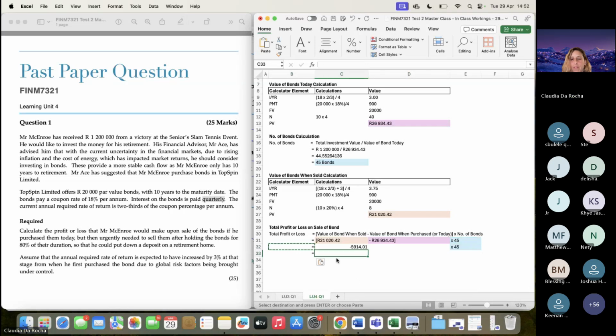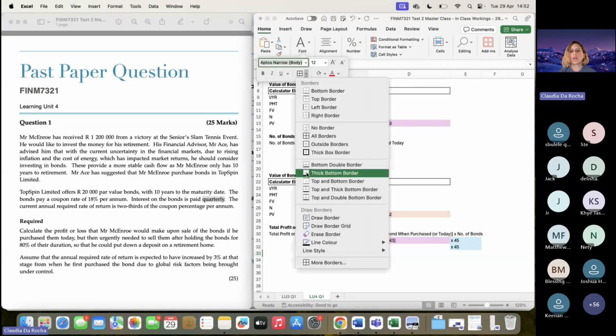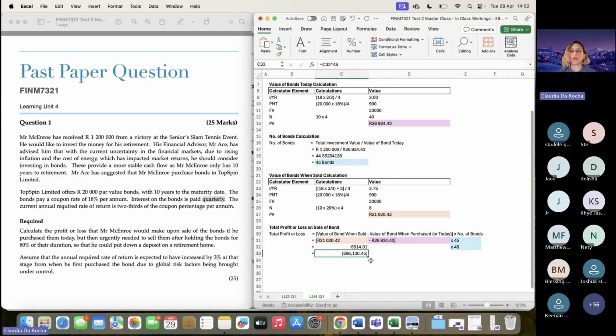Okay, so the total loss that you make is 266,130. That is why you need to calculate the number of bonds, because you need to show what your total profit or loss is. Obviously, if the value of the bond when sold was higher than the value of the bond when you purchased it, or today, you would get a profit. But in this case, you've made a loss.